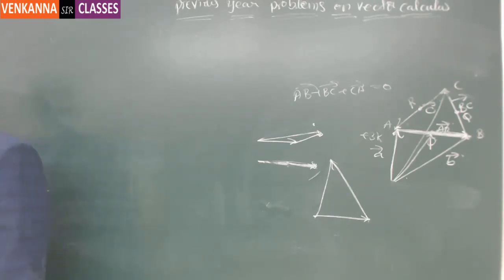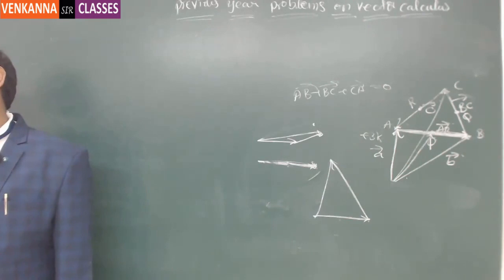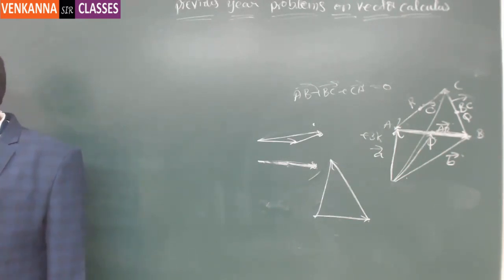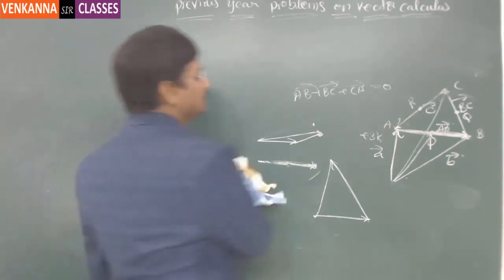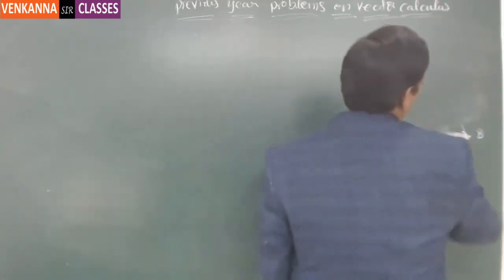So what you are saying is, yeah, AB plus BC. Okay, yeah. Maybe as a value addition you can prove that also, but I think I don't need to do that.